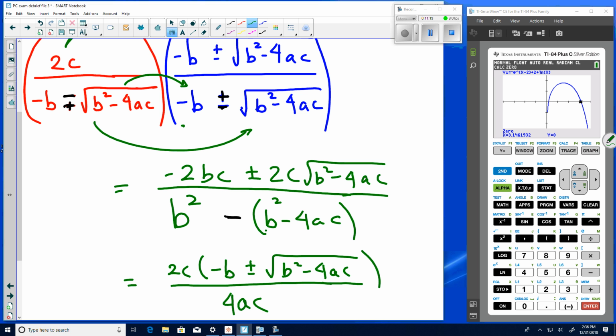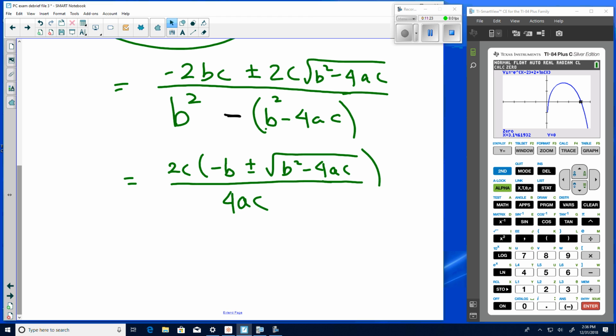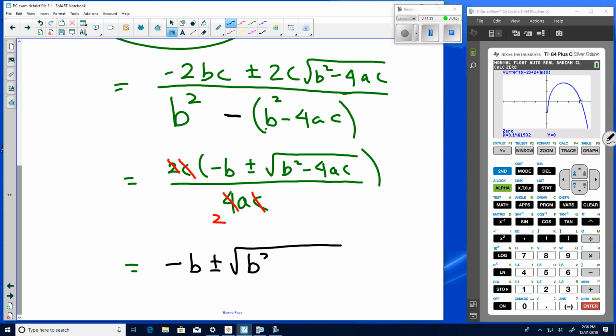It's useful that I know where I'm supposed to be headed. At that stage, I'll cancel. The 2 goes into the 4 twice. The c goes out. And we're left with exactly what we expect, the opposite of b plus or minus the square root of b squared minus 4ac all over 2a.